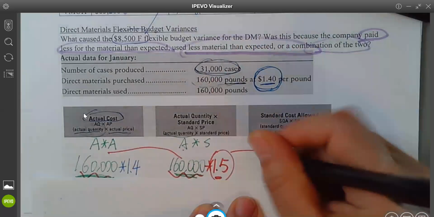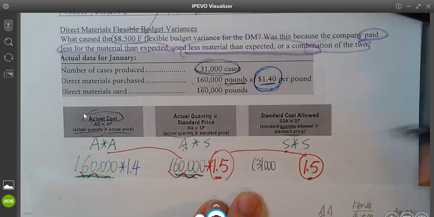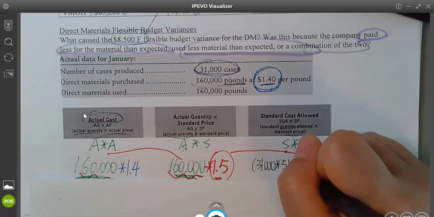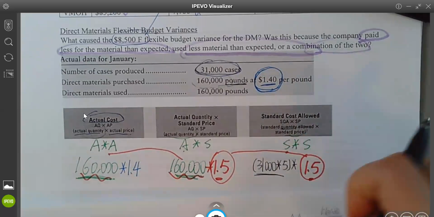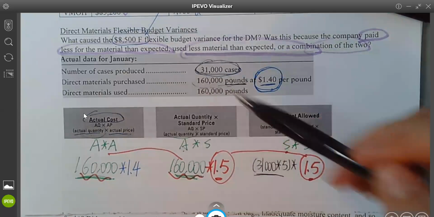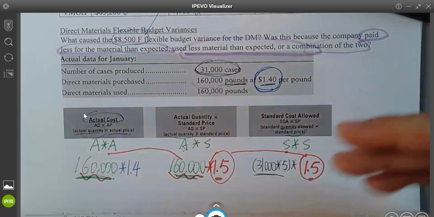The standard said each case we should have 5 pounds of the flour. We produced 31,000, and each case we need 5 pounds. So how did you get the number?